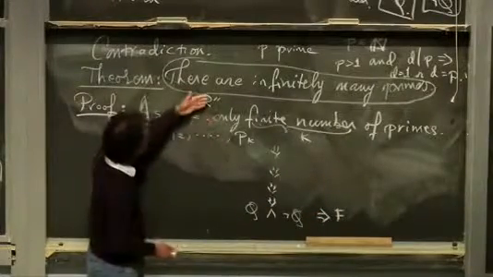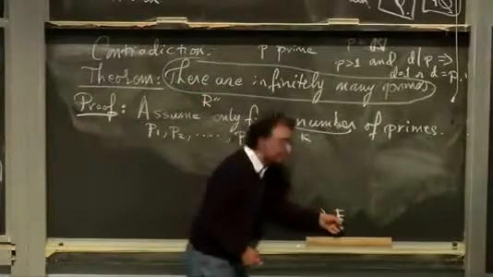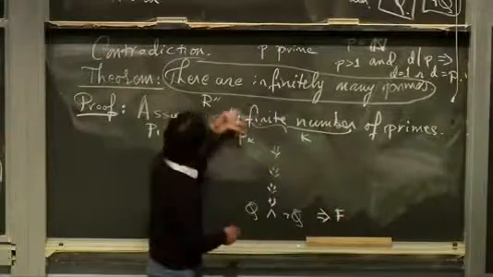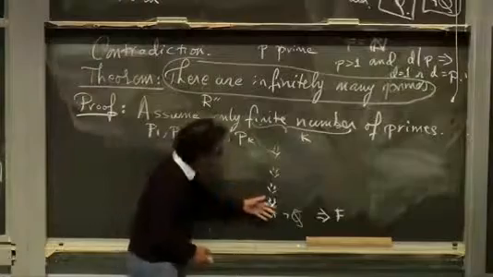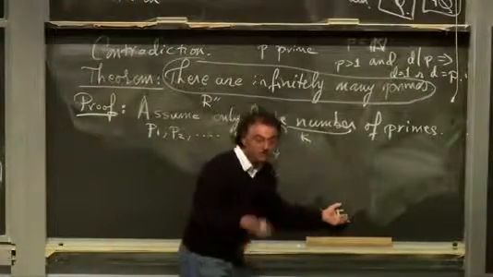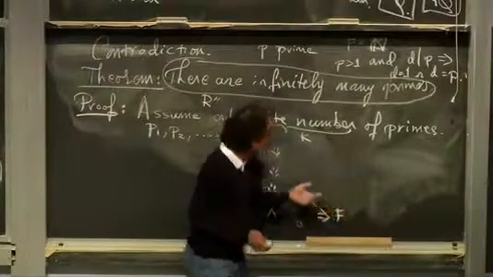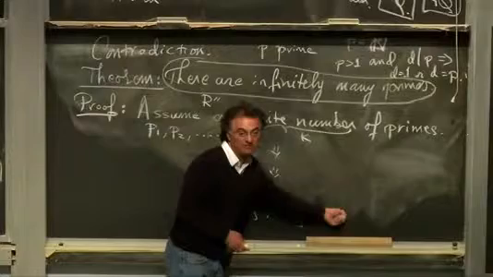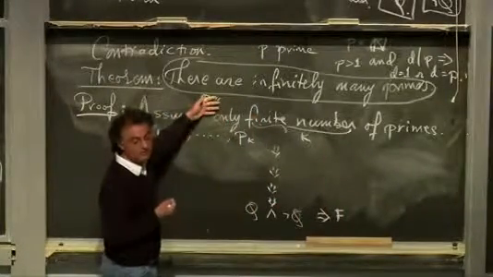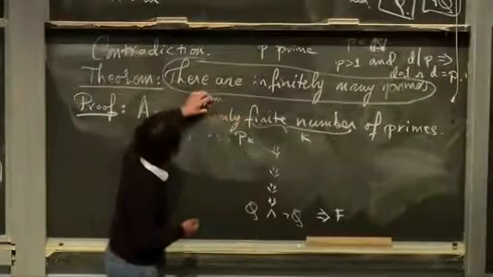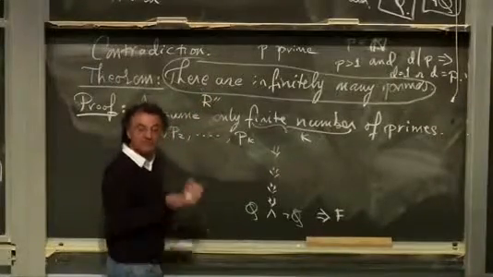If we assume that R is not true, that there are finitely many primes, then we are saying false is true. Because we started with an assumption, we do a bunch of implications, and then we are saying this must be true as well. But it's not true, it's false. So something must be wrong. What could be wrong? Our implications are correct. The only thing that could be wrong is our assumption. So not R must be false. We started with a false assumption, so the only other possibility is that R must be true.